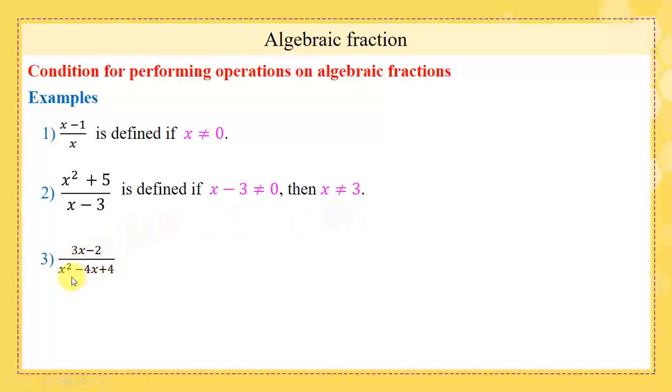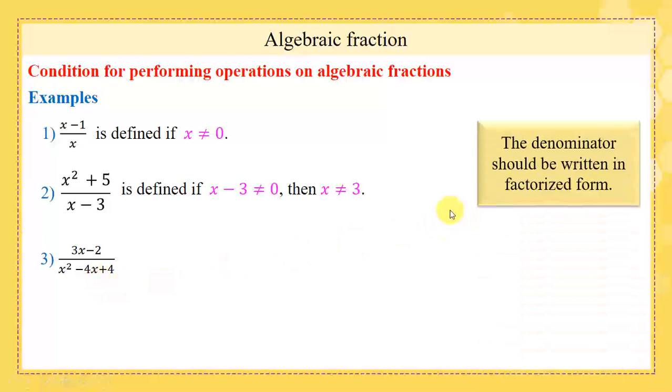(3x minus 2) over (x squared minus 4x plus 4). Here, before we start studying the values of the denominator, we must make sure that the denominator is written in factorized form. How to factorize this denominator? We have a trinomial with one negative sign, so we factorize it using the second remarkable identity.